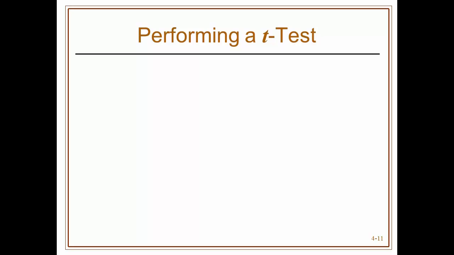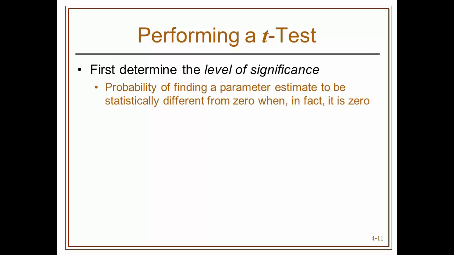So we want to come up with this level of significance, figuring out the actual probability that the parameter estimate shows up as not 0 when in fact the underlying relationship is 0. This level of significance will give you a sense of how much chance there is that the true relationship is 0, even though the parameter estimate that I'm looking at is not.